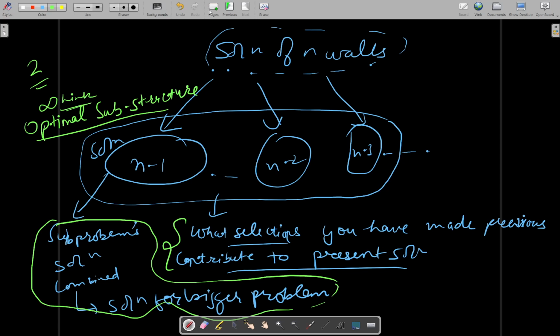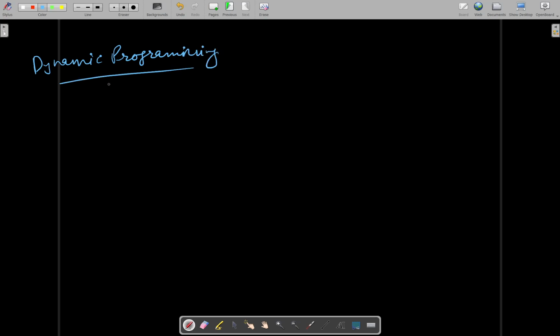When these two conditions are satisfied, we can apply dynamic programming. Those of you who are new to dynamic programming, I will be providing a link for this one also.